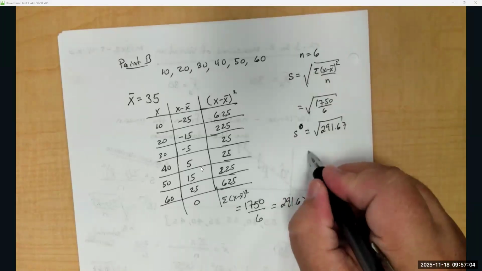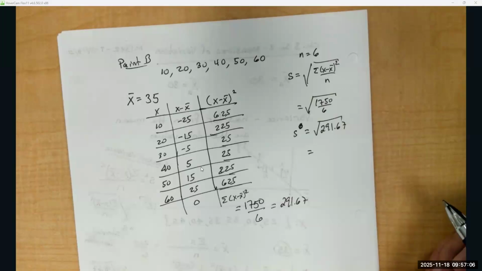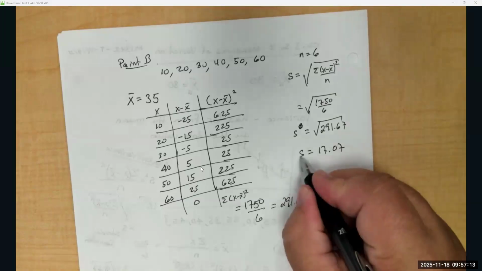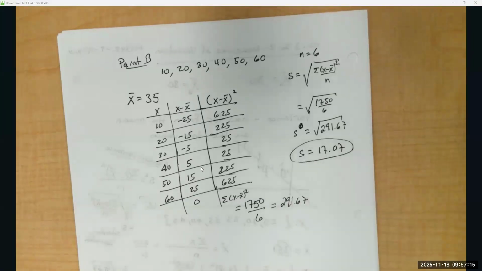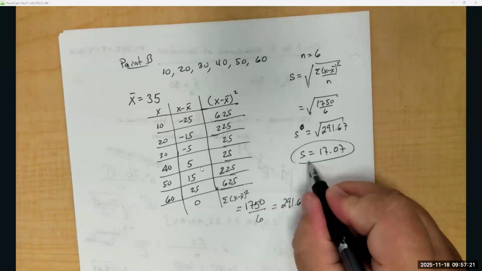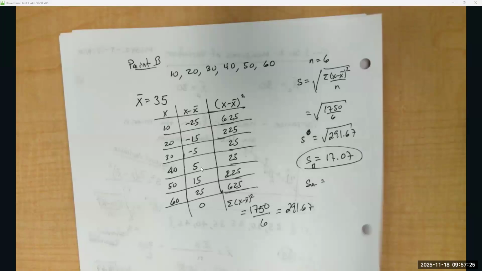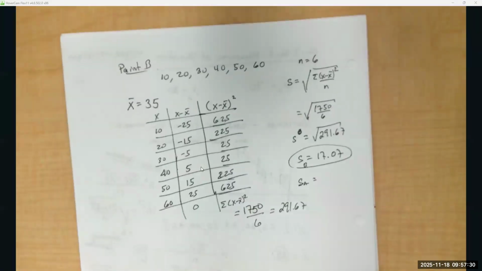So now we square root it. So what that one's telling us, compared to the other one, what was the other one? This is B. The first one we had was 6.45.